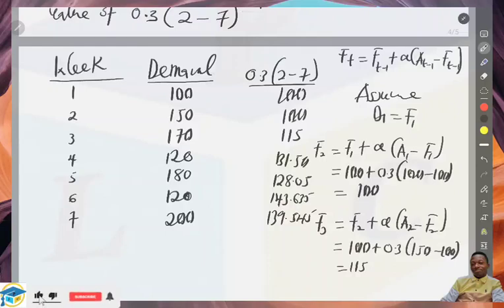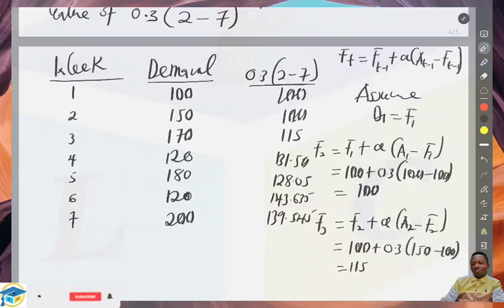So this is how we use the exponential smoothing constant to calculate. For us to calculate the forecast for a particular week, we make use of the most immediate past data, the previous data that comes before the forecast period we want to know the value of.